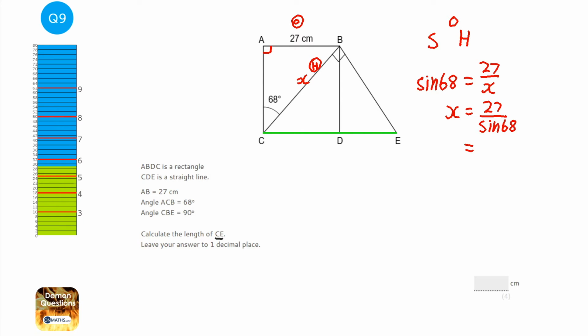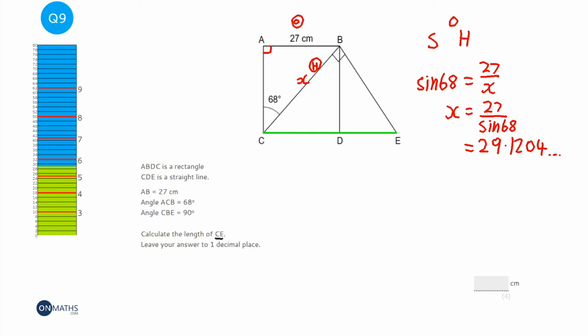And so if I do that on the calculator, 27 over sine 68, that gives me 29.1204. And I just do a few more decimal places than usual, because it's not an answer and you should never round your working out. If it's asking for 1 decimal place, I think 4 decimal places should be enough. But I'm going to try and keep it in the calculator if I can.